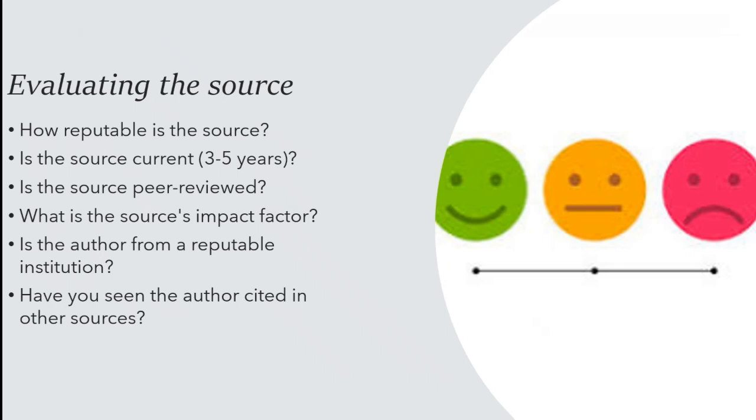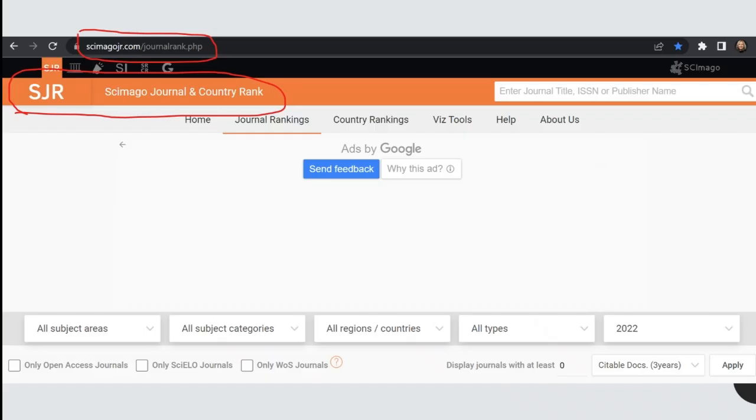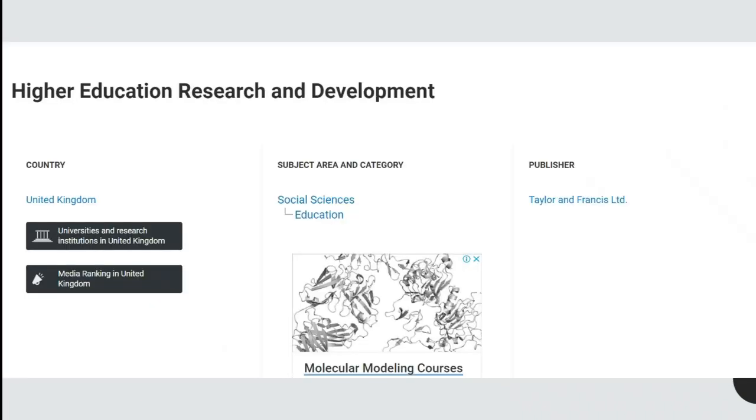Now, if you wanted to quickly know the quality of a journal, you can go to SCImago Journal and Country Rank, and there is the link that you can put in, and then you can enter the journal title or publisher name, and it will then, if this is a journal that is within the quintile 1, 2, 3, or 4 rankings, take you to the page of a specific journal.